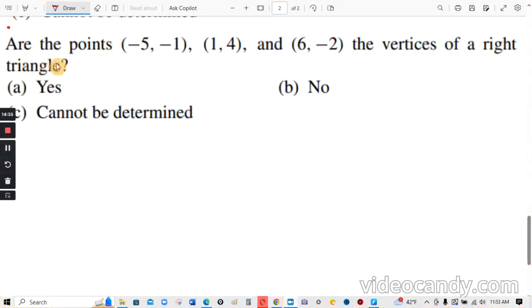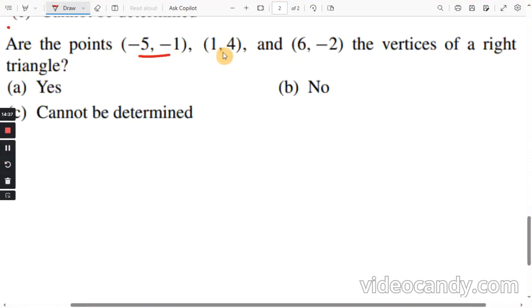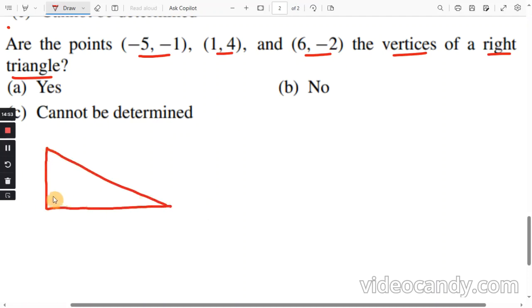Number 9, are the points -5, -1, 1, 4, and 6, -2 the vertices of a right triangle? Okay, so remember a right triangle is going to have a right angle. So you want to find two lines that are perpendicular.